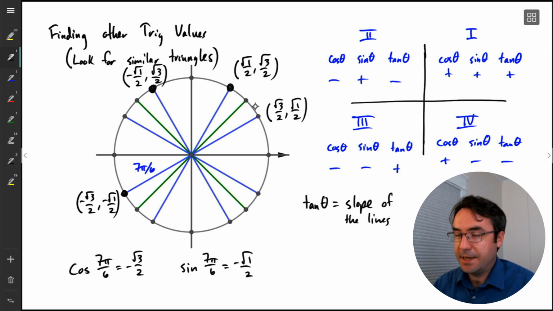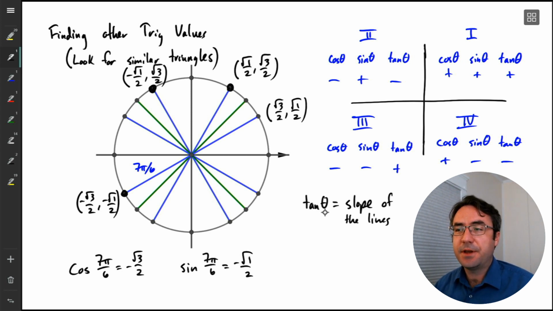All of these lines go through the origin, so think y equals mx plus b. If they're going through the origin, then the b value, the y-intercept, is 0, so y is equal to mx. And if we solve for m, we get m is equal to y divided by x. So the slope is equal to the tangent.